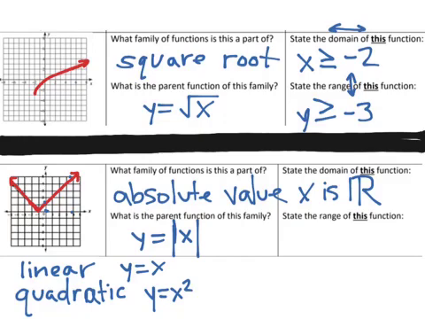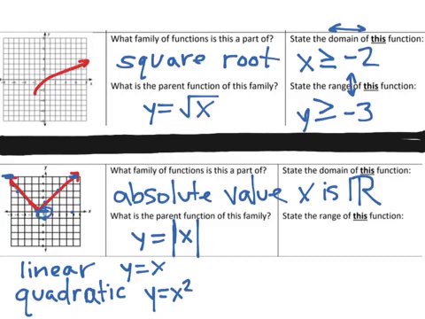The range is how far we can go up and down. Now, if we are at 0, we have a point there. If we go up to 3, we have 2 points. If we go up to 5, we have a point there and a point there. However, if we go down to -1, there's no points anywhere this way. This function only goes up to the right and to the left, so there are no points under 0.